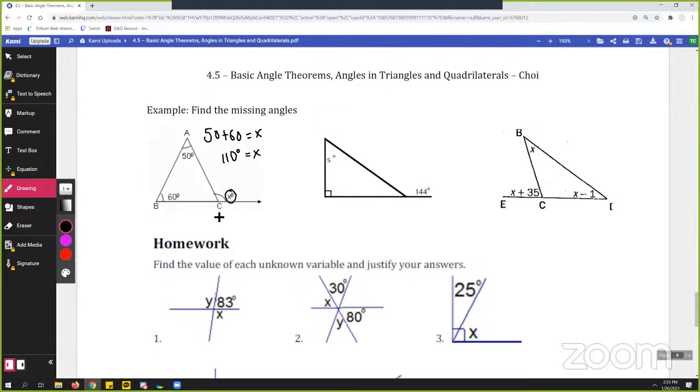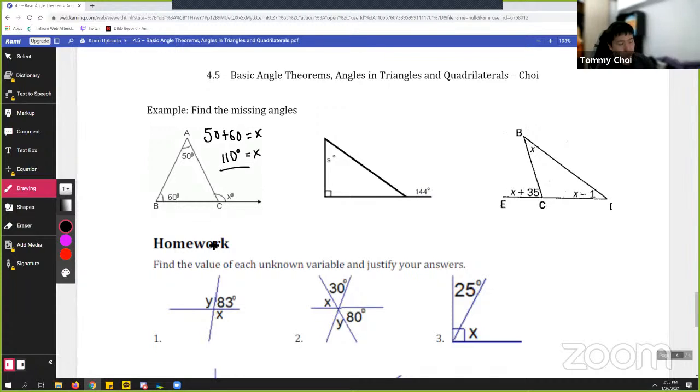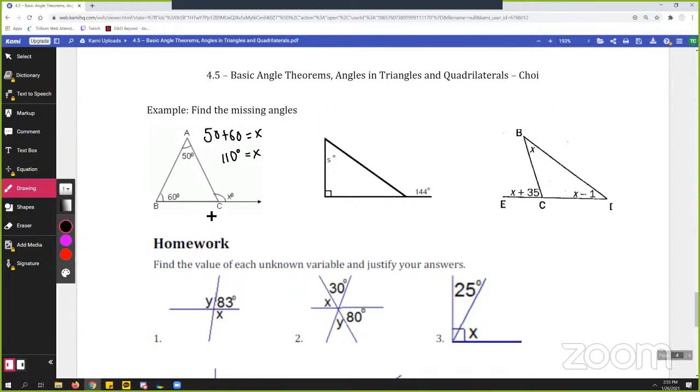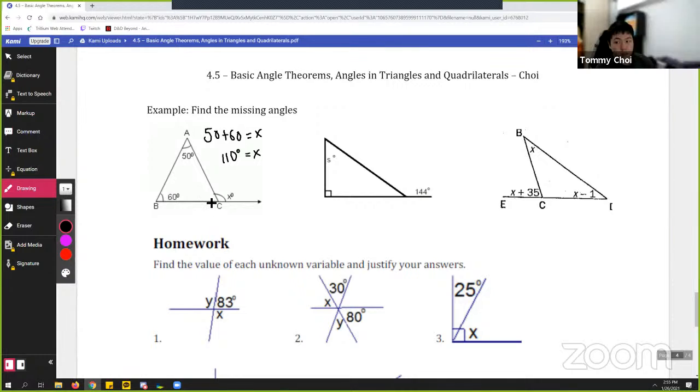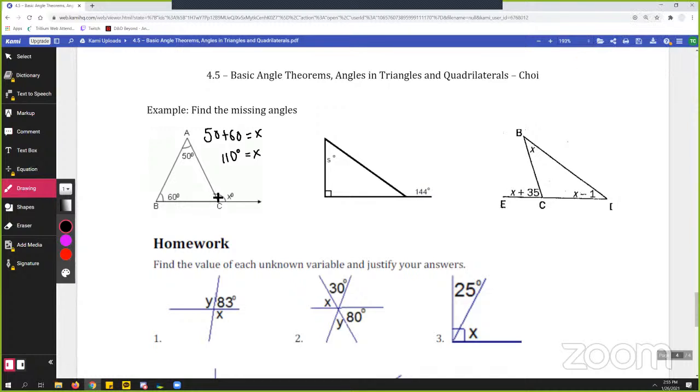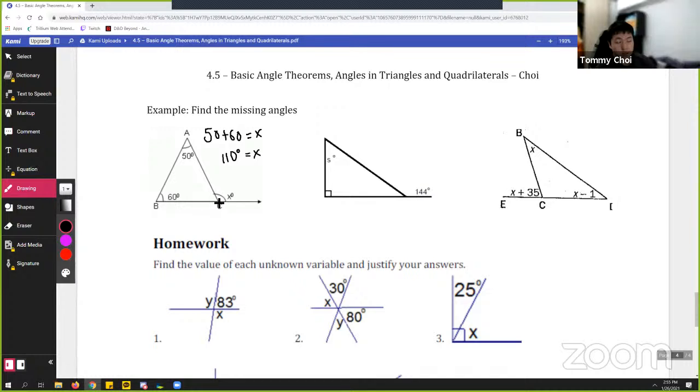If you want to find the outside X, the outside X is 110. So how about inside? I never asked for inside. But if you want to find the inside, you would do 180 minus 110. Yes, that's correct. Oh, I thought it's inside. It's outside here. See this, right?